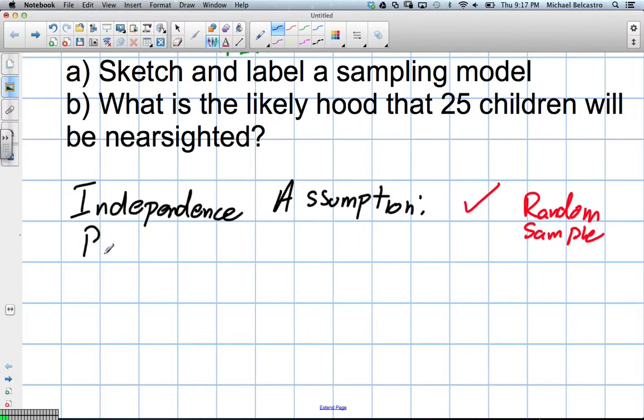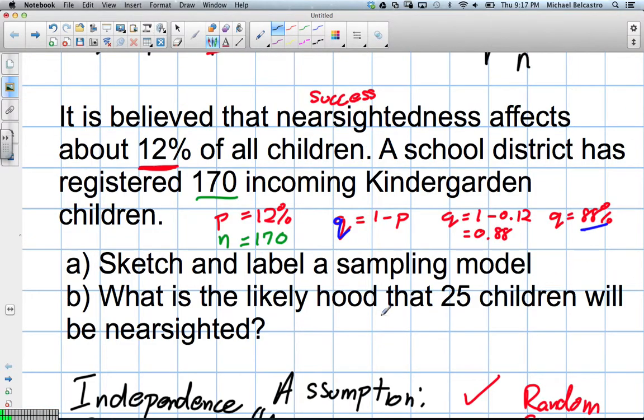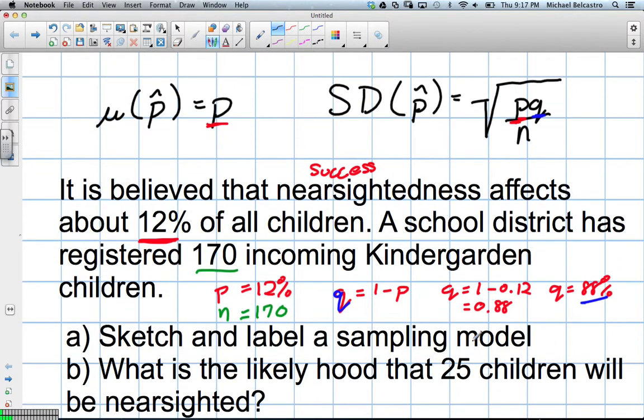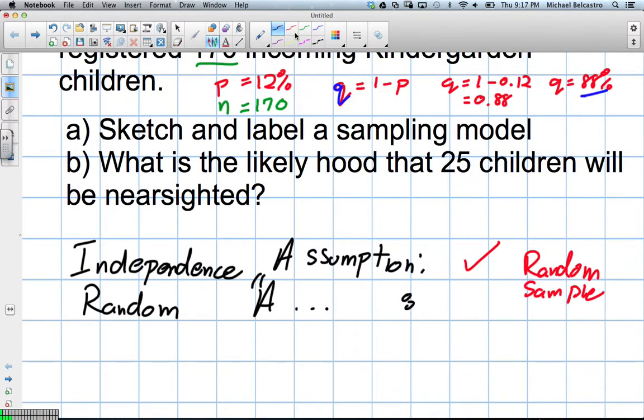The next one is the random assumption. And the random assumption is that we can assume that unless it's a school for nearsighted kids, they're all pretty much randomly chosen, right? So independence is fair. One kid being nearsighted doesn't affect the other kid. And we assume it's random. It's just a normal public school.